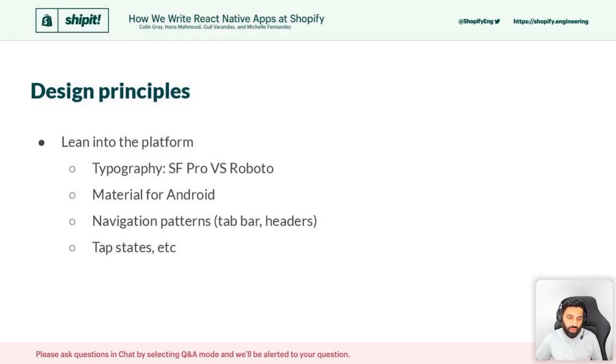So for example, when it comes to typography, we do have some custom branded typography as well, but a lot of the typeface work that is used on iOS relies on the SF Pro font for the Shop app, and also the Roboto font for Android.